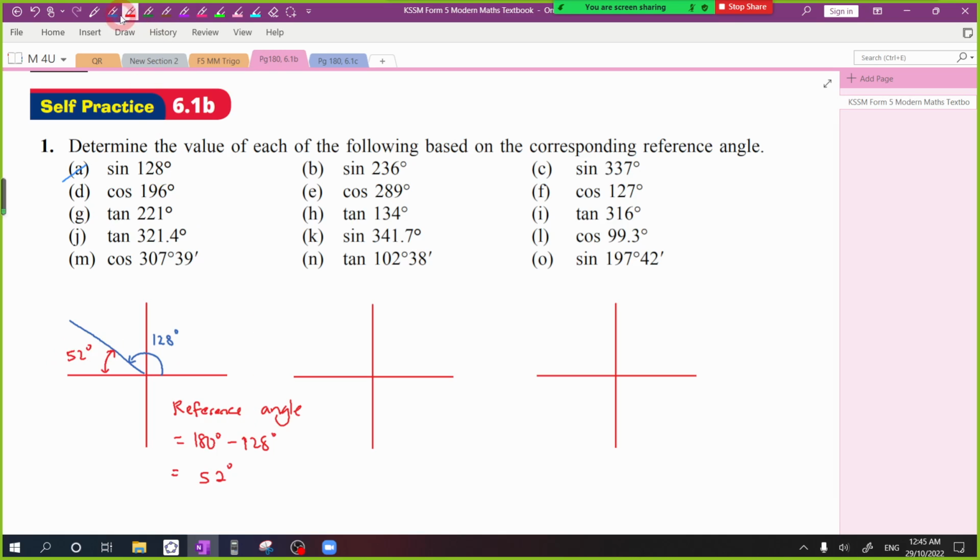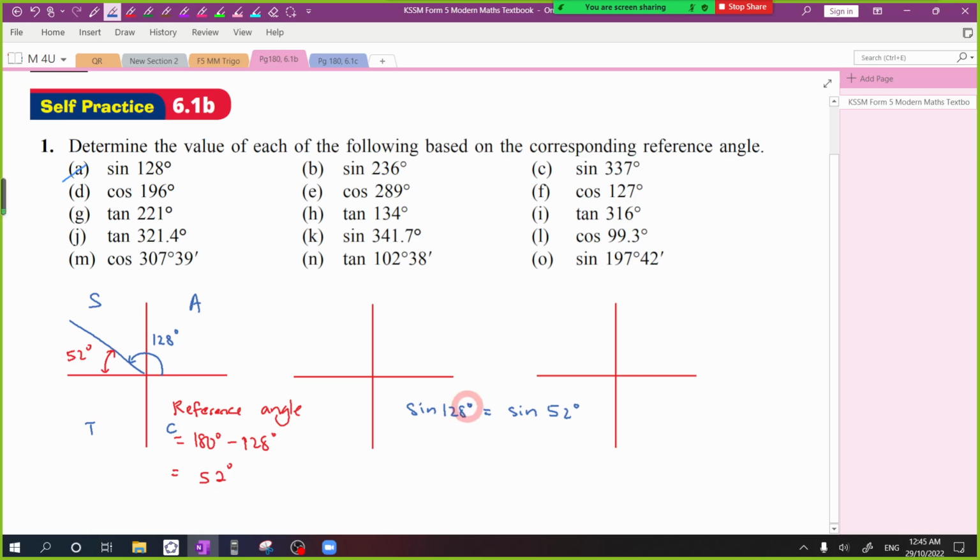So the next step is to write this. Sine 128 degree is equal to sine 52 degree. And then we start to think, should I add a negative sign over here? According to what we learned just now, ASTC, in this quadrant, sine should be positive, right?